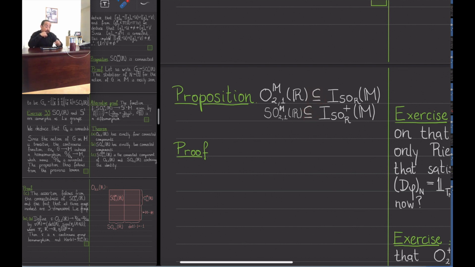Why? Because if you give me a matrix which preserves M bijectively, you see its derivative as a function from R3 to R3 at any point is the matrix itself.